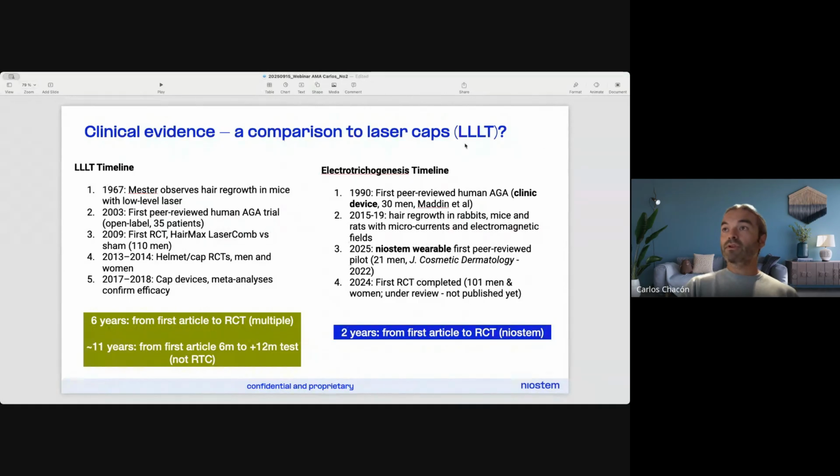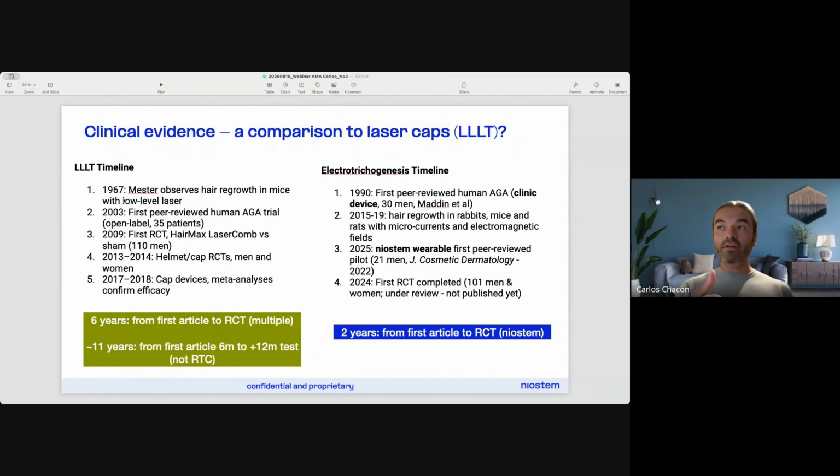So just to give you some numbers, although you already read it on the slide, the first time it was seen that laser technology can improve hair growth was in 1967. Then, 40 years later, you had the first peer review trial showing that this actually works for humans. After 6 years, a randomized control trial.